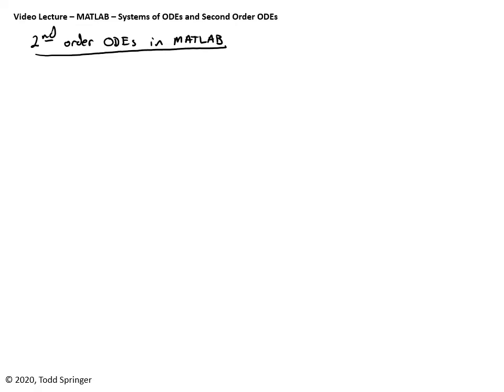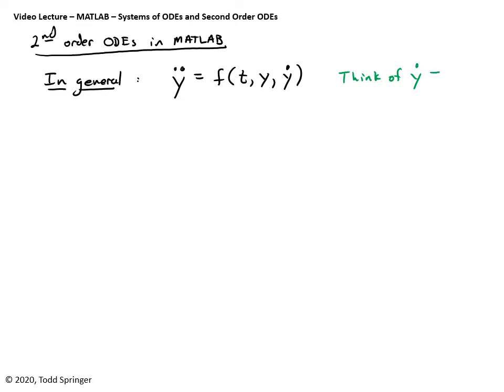So just in general, I did a specific example on the previous slide, but a second order ODE you can write like this. y double dot is some function of t, y, and y dot, right? And now I think of y dot as a new variable. So then I have two first order ODEs.